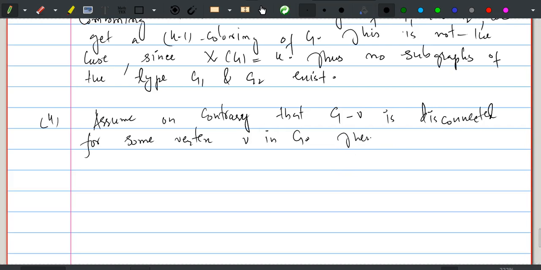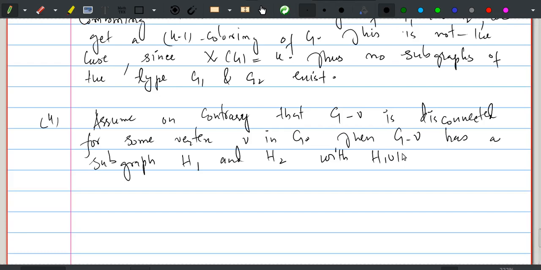Then G minus V has subgraphs, say H1 and H2, with H1 union H2 equal to G minus V and H1 intersection H2 an empty set.